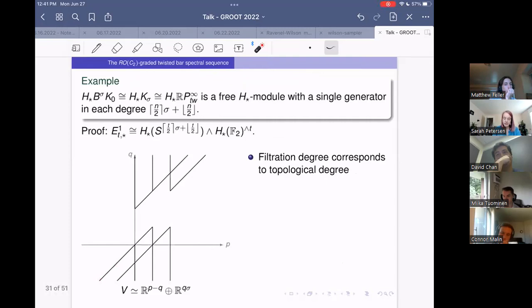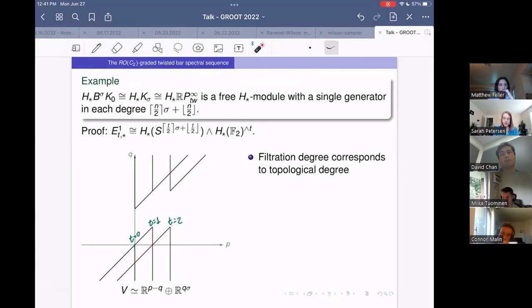Adding on t equals 2, we get a copy of the homology of a point in degree rho. And something we can notice at this point in this particular example is that the topological degree is corresponding to the filtration degree. So this was at t equals 0, t equals 1, t equals 2.